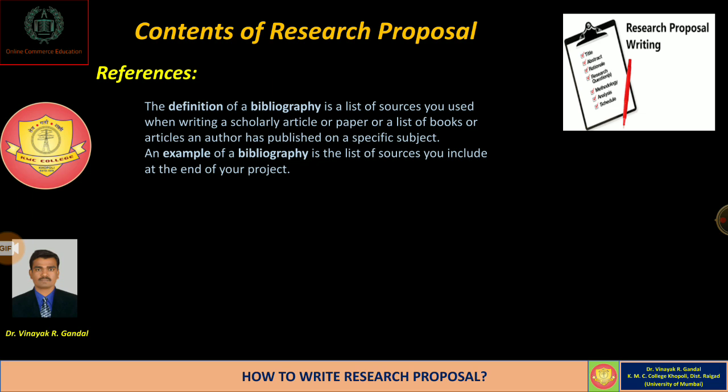If you referred to these publications or books while drafting your proposal, you have to list out the description of these publications. Normally, the bibliography is the list of sources included in the research proposal at the end.